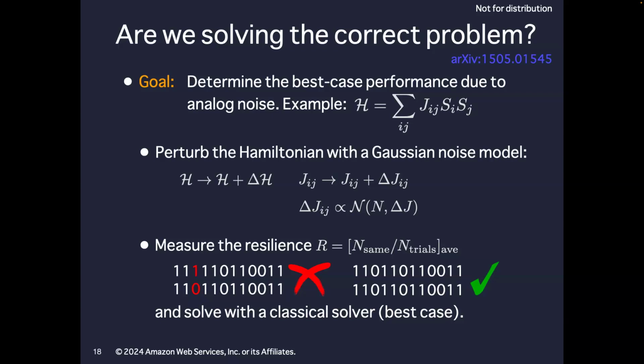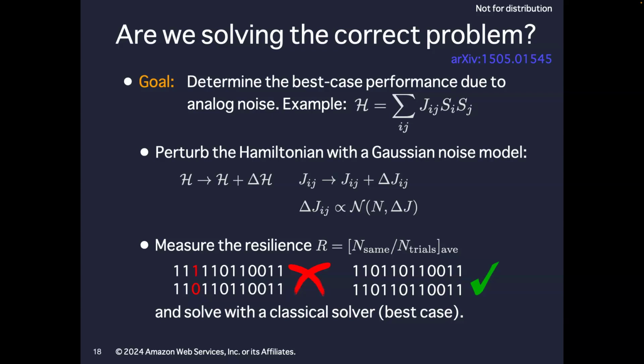And then we defined a quantity we call resilience, which was basically if you run the optimizer 10 times, in this particular example, on a classical solver, you count the number of times that you actually found the correct solution, and you look just at the fraction between the number of times that you actually solved the problem that you intended to solve versus the times that you found a solution to a different problem.